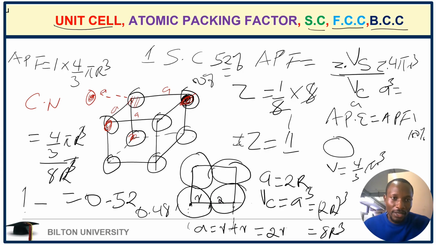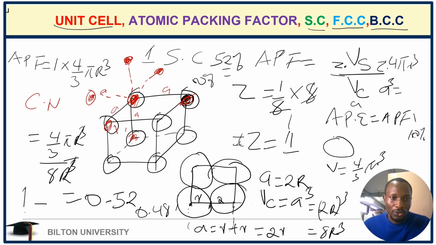And this atom here will also have another atom on the back side bordering this atom, and this is going to give us another atom here of the same edge length, and this atom down here of this edge length is going to give us another atom on top here of the same edge length. So let's look, if we are to consider these atoms, how many atoms are neighboring this atom here?